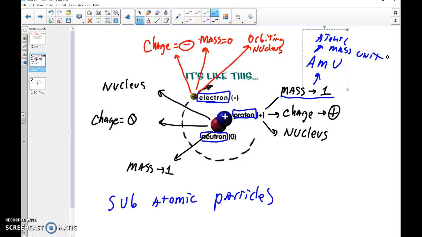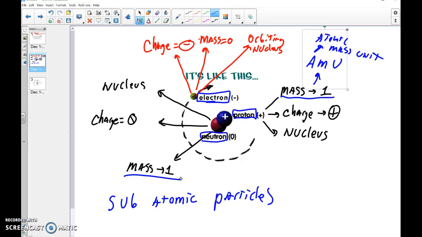Like, we can't use grams, and we can add as many prefixes as we want, but it just gets so small it's unwieldy. So we've created this unit called atomic mass unit. And what you'll notice is that a proton has 1 atomic mass unit, and so does a neutron. So it's convenient that we based the atomic mass unit off of the proton and neutron together.